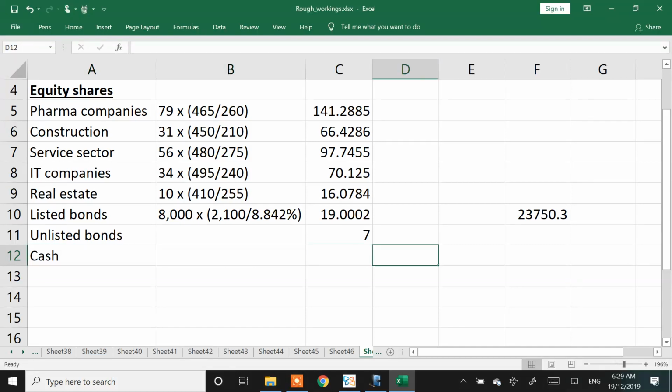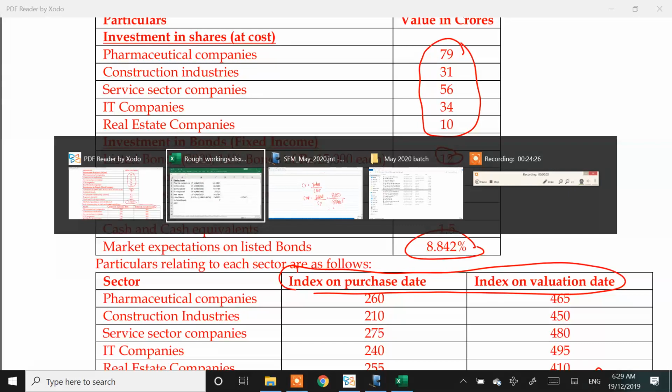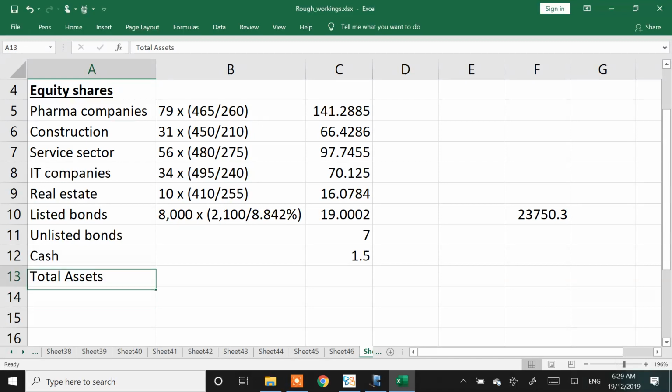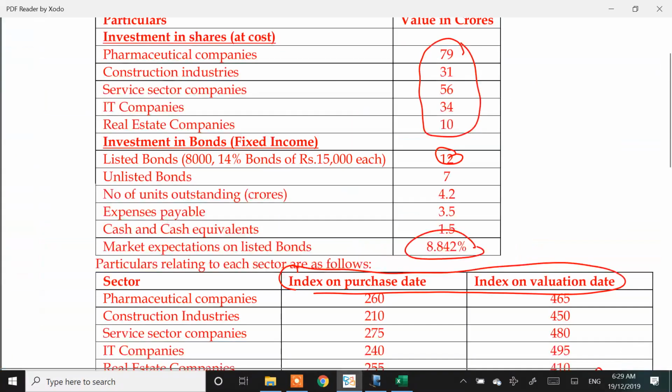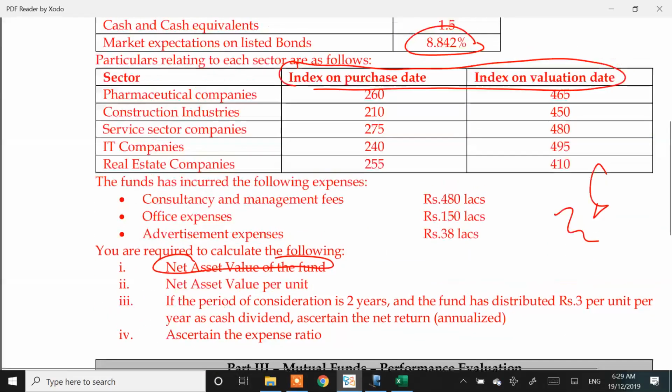Cash, how much is cash? Cash is 1.5. Total assets. Expenses. No, those have been already incurred by the bond.